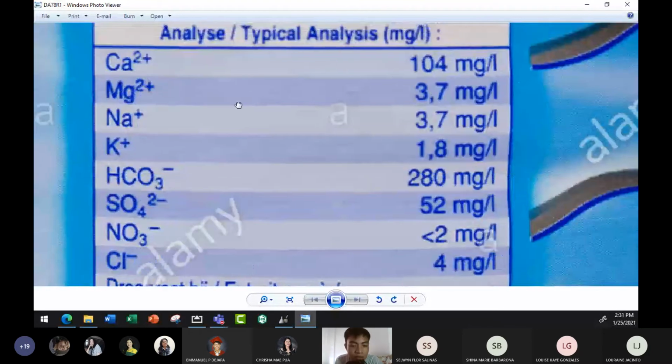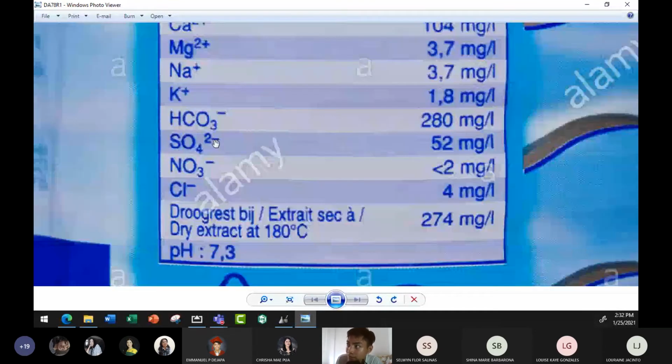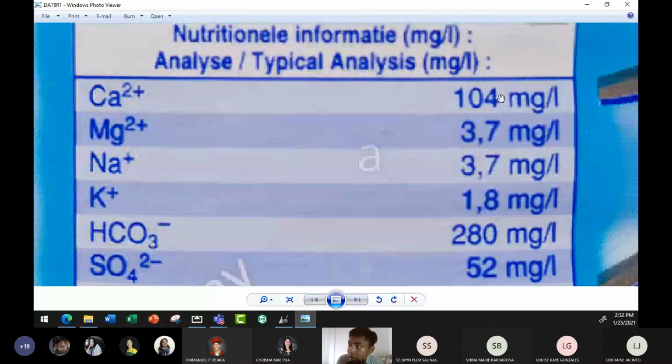So, itong mga to, these are the ionic compounds that are present in the water bottle. Let's say, for example, this is 1 liter bottle of water. And ito yung ppm, yung milligram per liter. Yung mg per L, ppm yan. Parts per million yan. So it tells us na 104 milligram of calcium ay dissolved in 1 liter of water.